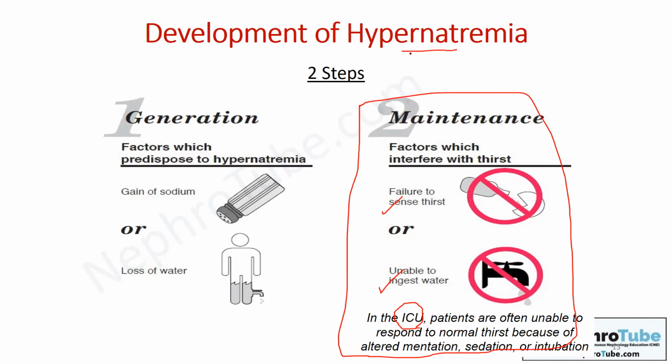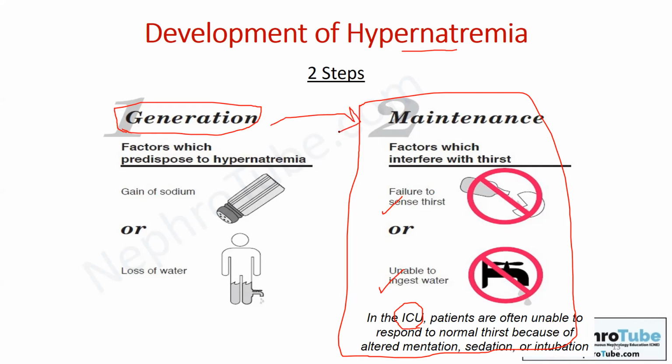And by the way, hypernatremia is less common than hyponatremia, because any person who becomes hypernatremic will have the thirst center activated, and the patient will start to drink water, which will correct hypernatremia. So the generation of hypernatremia by its own is not sufficient to develop hypernatremia.